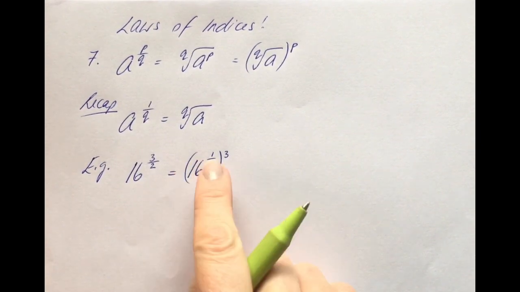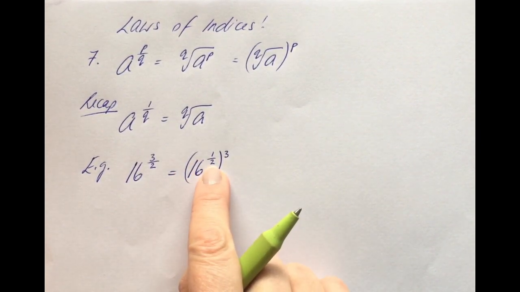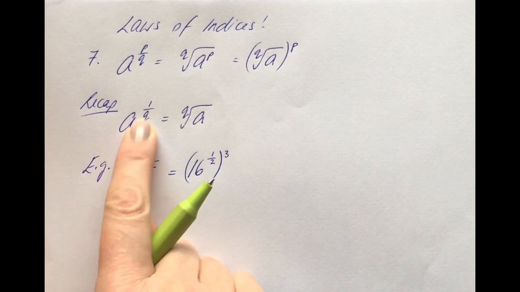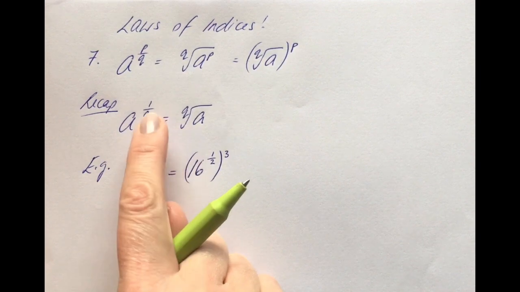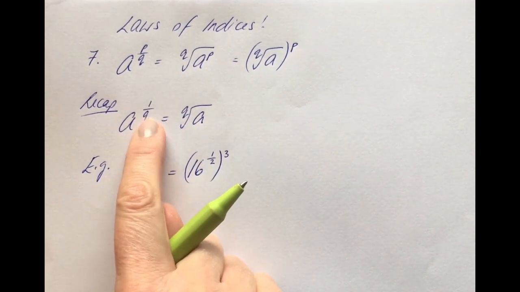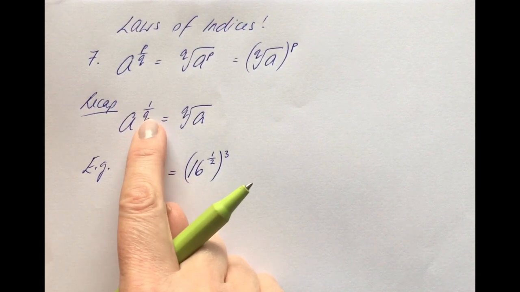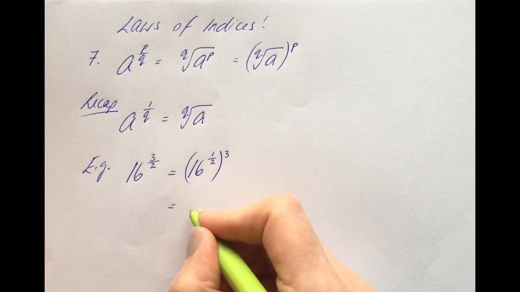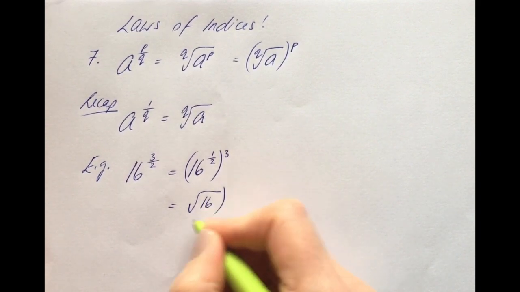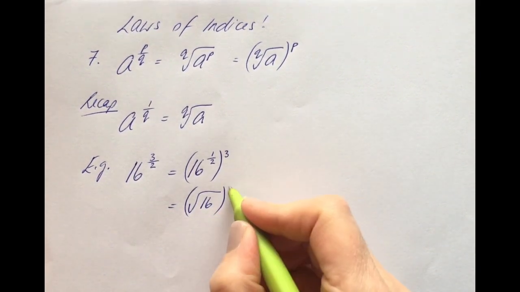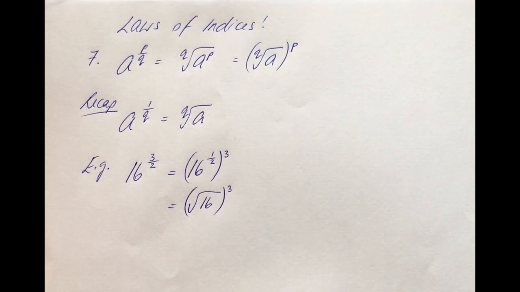Now, 16 to the power of a half then, well, remember from our last law, I said the minute you have a fraction, we know it's going to be a root, okay? And we were always dealing with the 1 over, those kind of fractions in that 6th law. So 16 to the power of a half then would mean that it would be the square root of 16 is another way of writing 16 to the power of a half. And of course, we need to cube that.